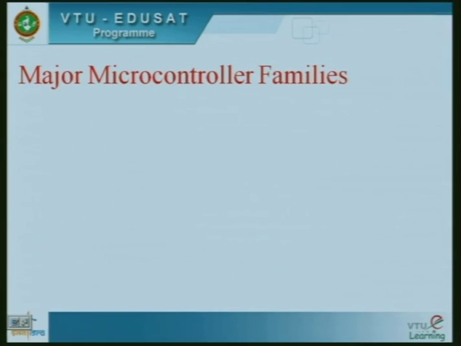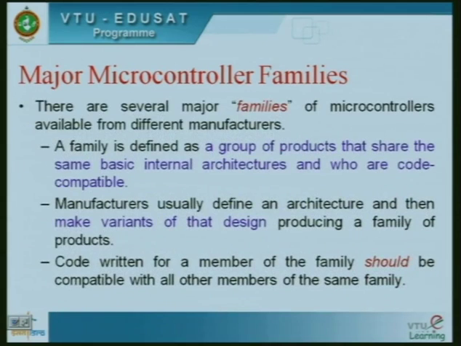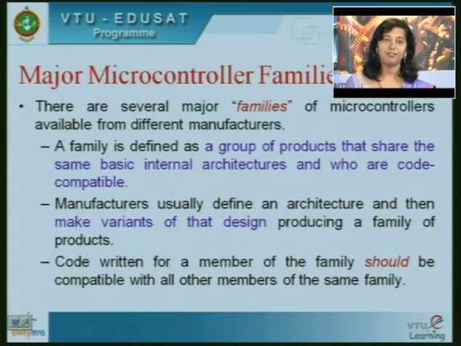Now, what are the different microcontroller families? There are several major families of microcontrollers. What do you mean by a family? A family means a group of products which are put together, which share the same internal architecture and are code compatible. That means I can have 8051, 8052, 8053.